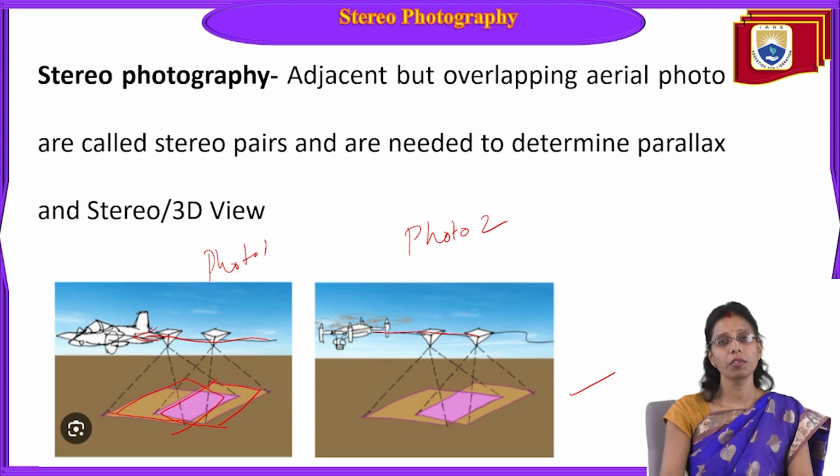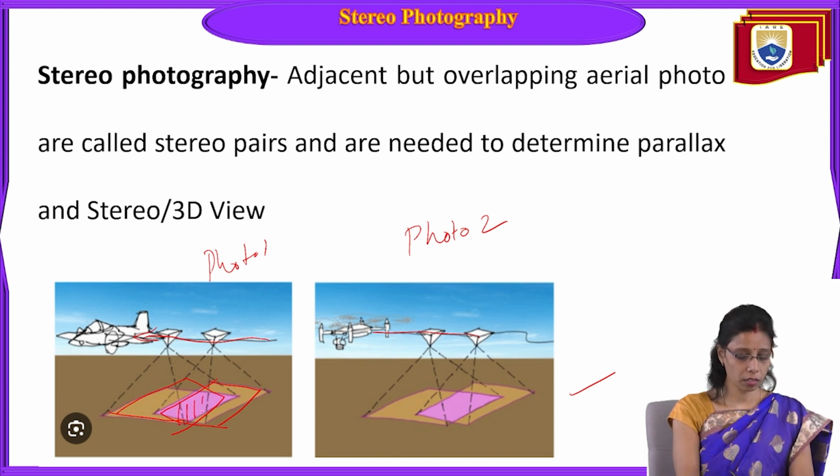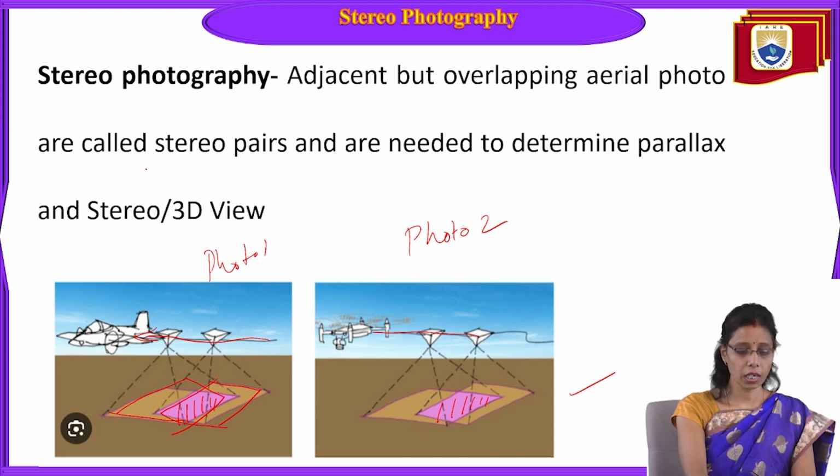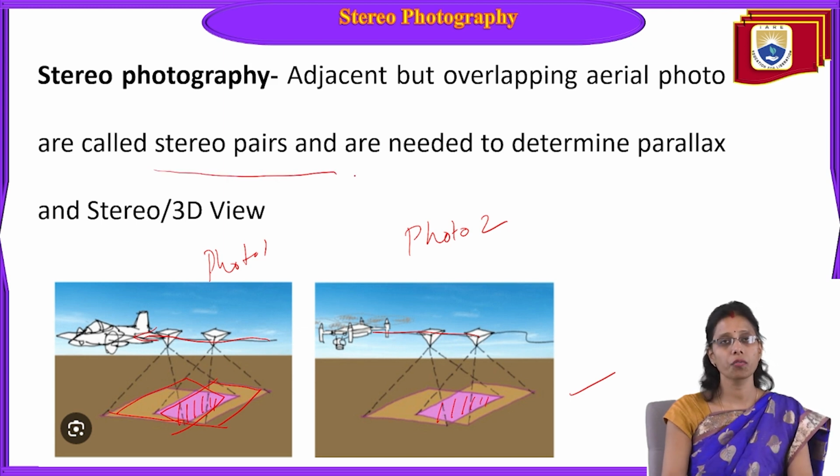Always in the same flight line direction, when photo 1 and photo 2 are clicked, there will be an overlap. This is the overlap area, and in this figure also we can see the overlap area. This overlapping region is used for determining the stereo vision.